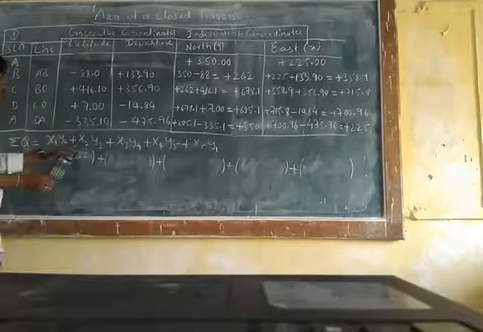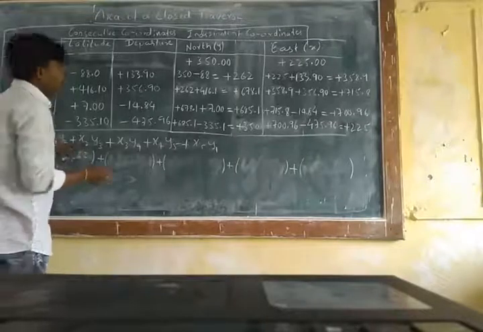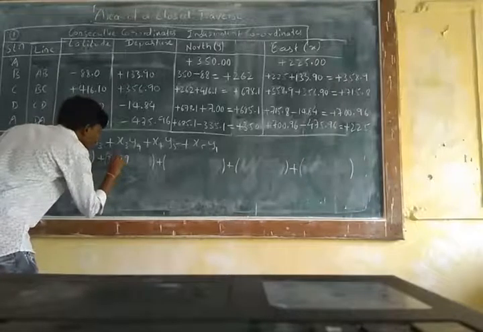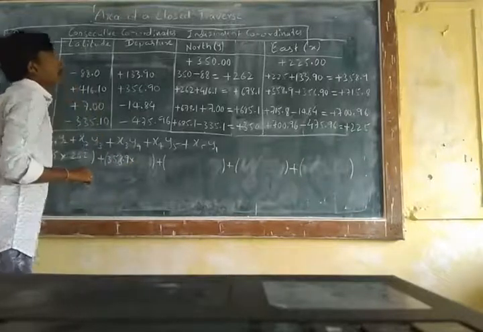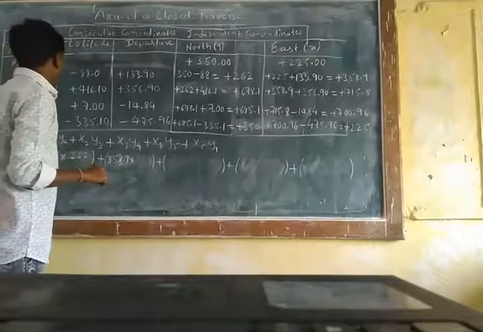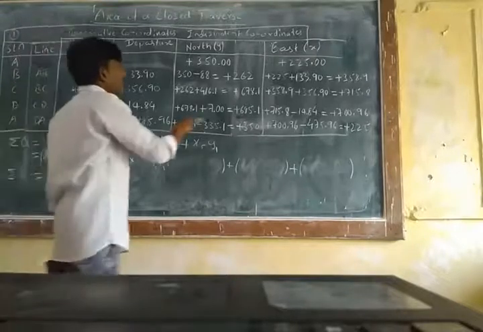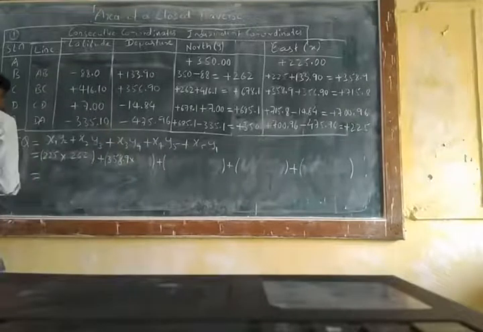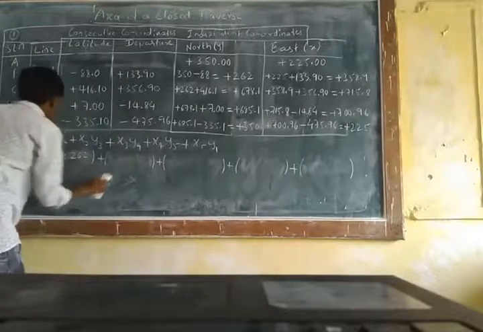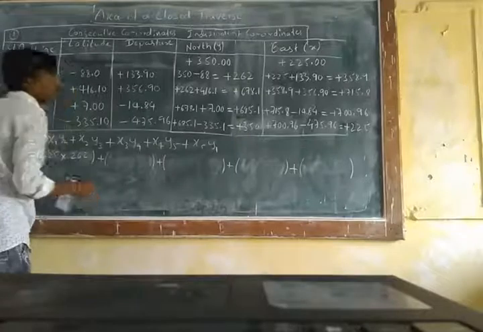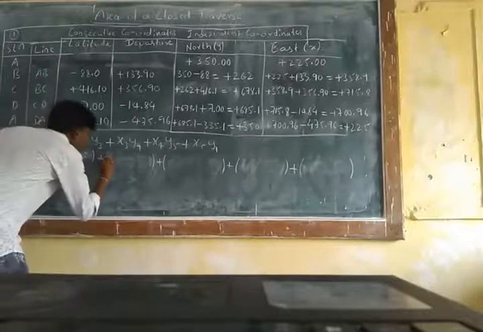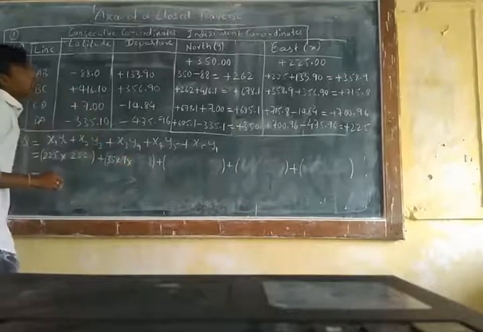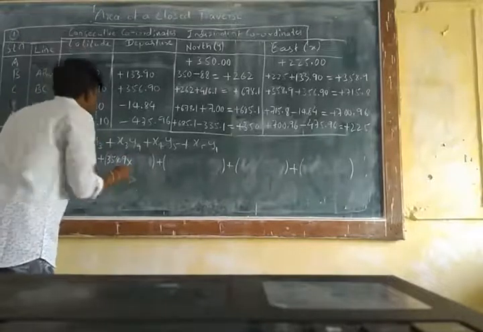And the next one is x2. x2 value is 358.9. 358.9 multiplied by the y3 value is 678.1.